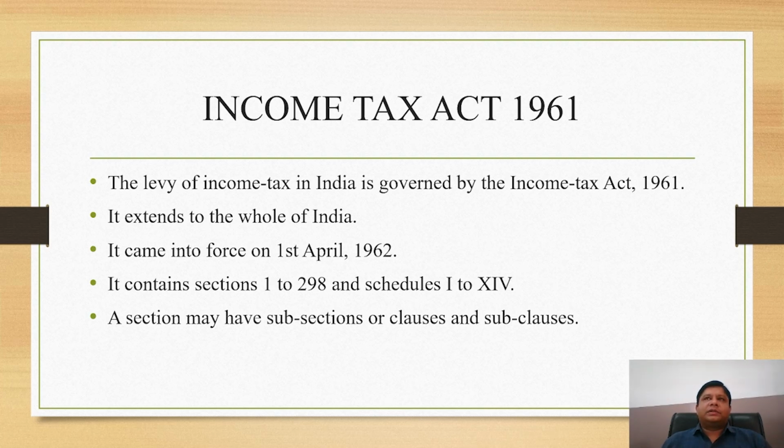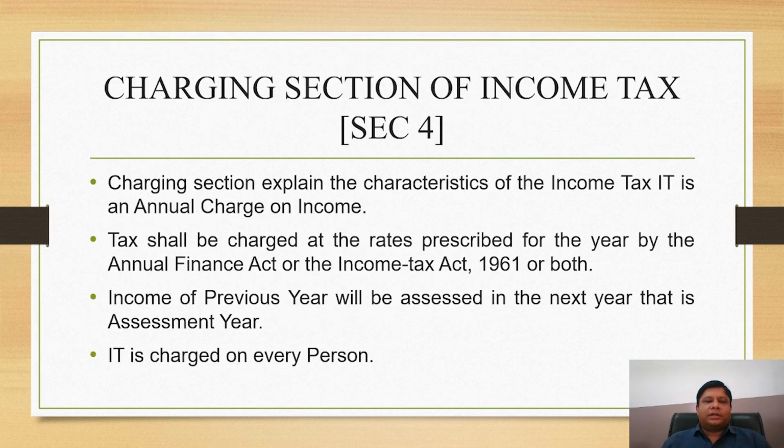If we talk about sources of income tax laws in India, the Income Tax Act 1961 contains provisions for determination of taxable income, determination of tax liability, procedure for assessment, appeals, penalties, and prosecutions, and powers and duties of income tax authorities.